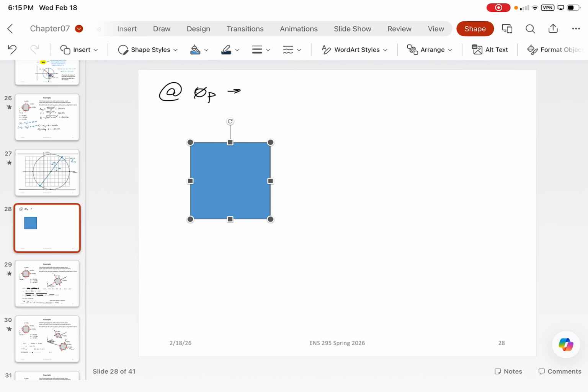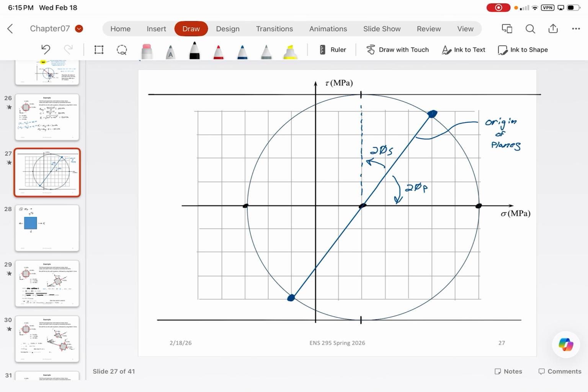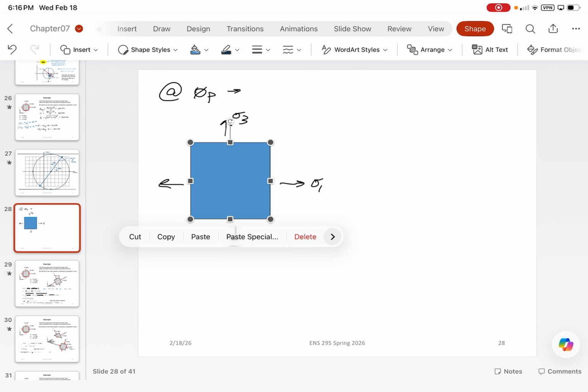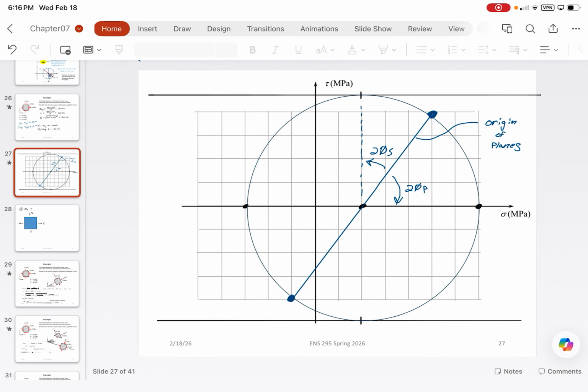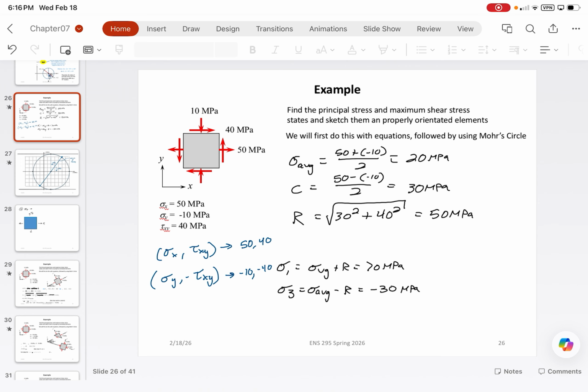Let's say that's our stress block. We basically will get sigma x. This would become sigma 1 and sigma 3. Right? And so that's what our normal stress state would look like. If you wanted to rotate this block, you can. But this is basically the equivalent stress block for the principal stresses only.